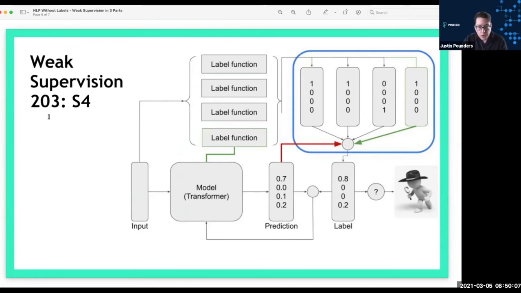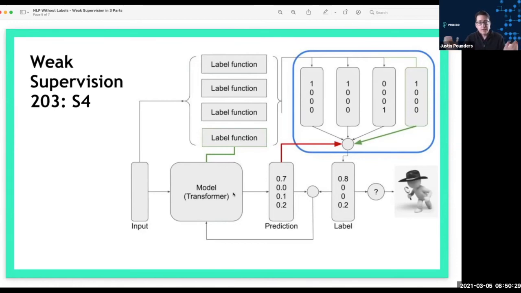That's what this new work, which is called S4 or self-supervised self-supervision, proposes. Using the model and using what the model knows internally to automatically provide new label functions, to automatically propose new pieces of evidence that iteratively makes the training process more resilient and more robust.